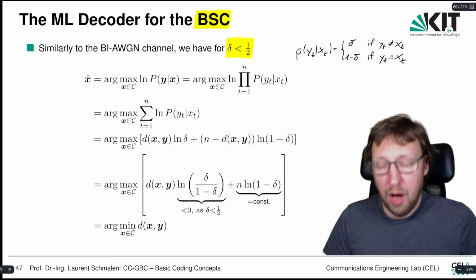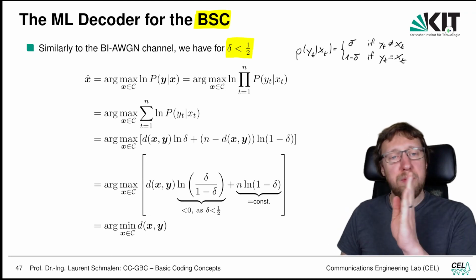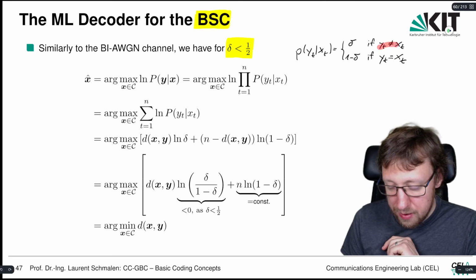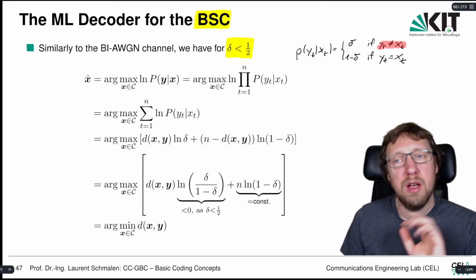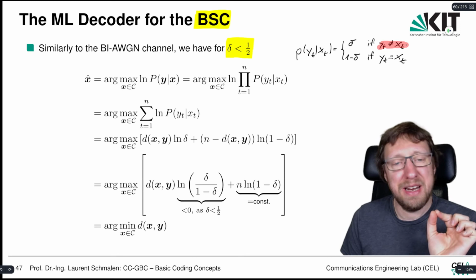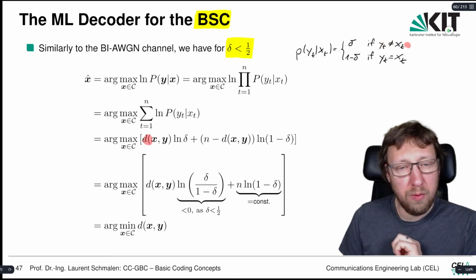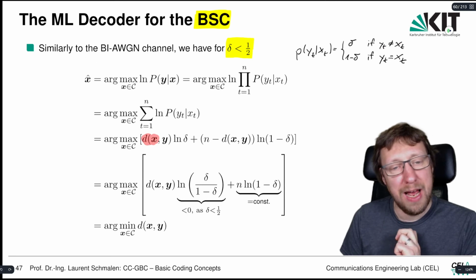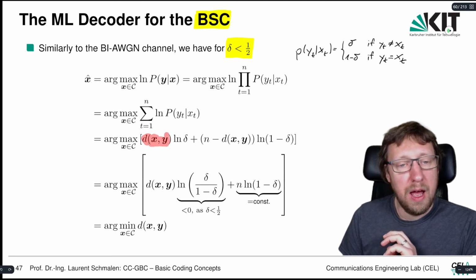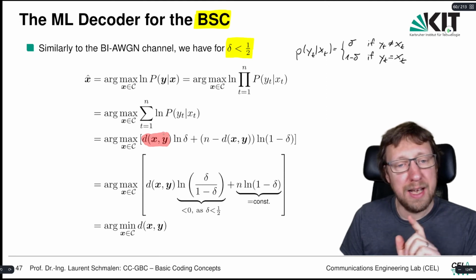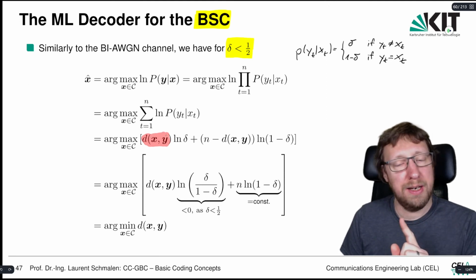So now we do this for every bit in the code word. So how often is yt different from xt? That's expressed by the Hamming distance between x and y. So we look at the Hamming distance between x and y, and this is the number of times xt is different from yt.